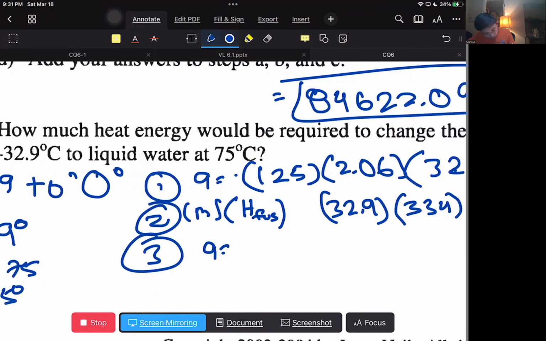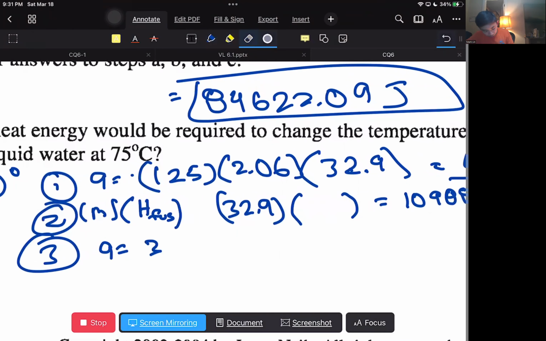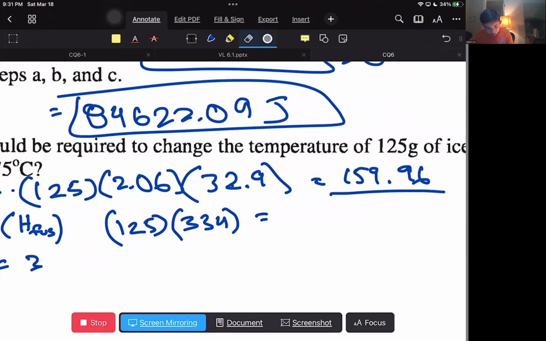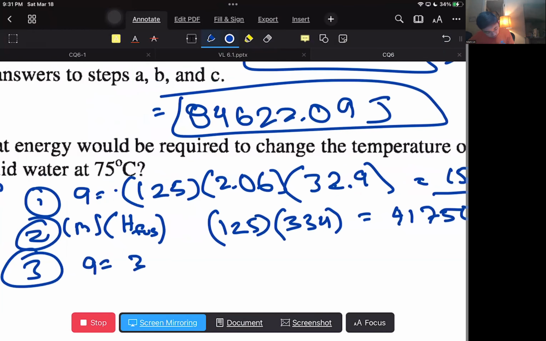So back to Q equals MC delta T. Our mass is 125.